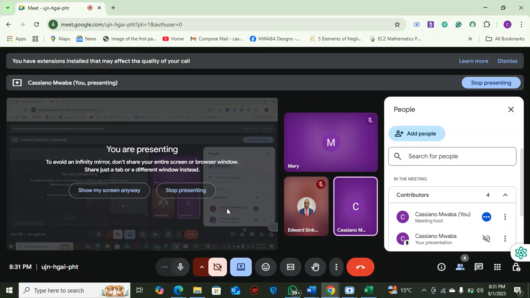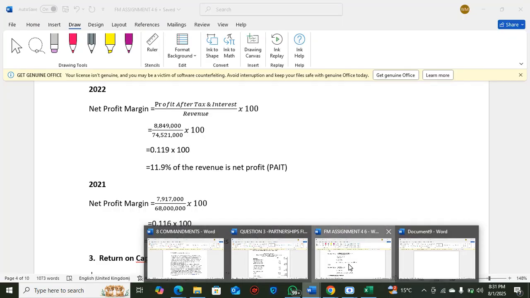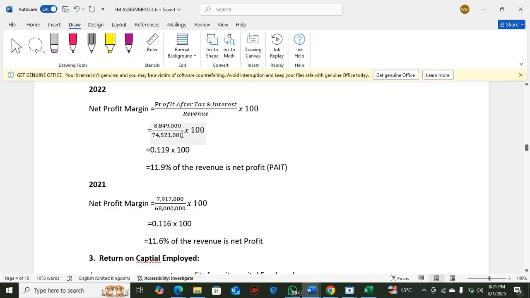So we can dig in deep and say, okay, if that's the case, we can now look in and say, what is the actual net profit for 2022? 8,849,000. The net profit for 2021, 7,917,000. So you can comment and say, at least in 2022, the net profit was higher than the one in 2021.